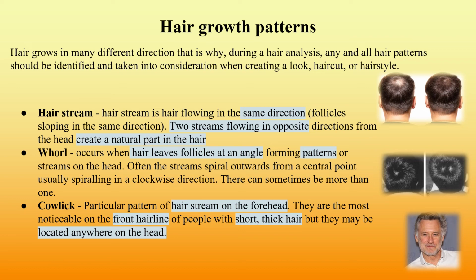There can sometimes be more than one. Cowlicks are particular patterns of the hair follicles in the forehead. They are most noticeable on the front hairline of people with short, thick hair, but they may be located anywhere on the head.